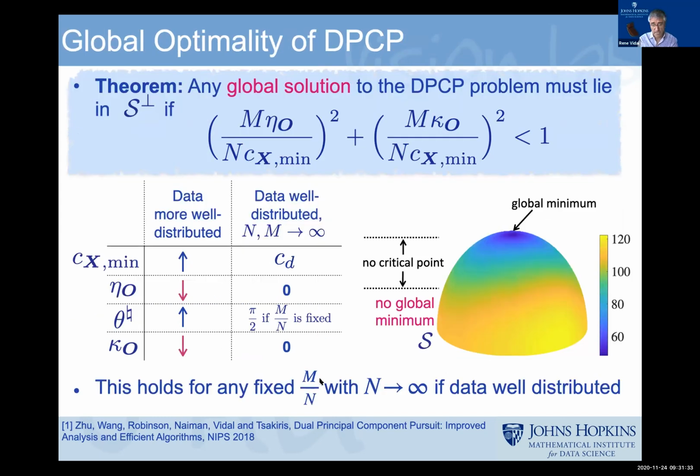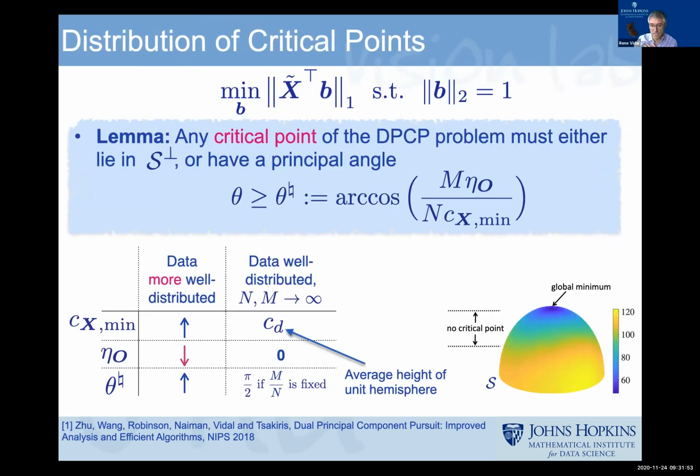The next one is really the main theorem, and this is a characterization of global optimality. Now that we know where the critical points are, how do we get rid of the critical points that are not a global minimum? The theorem is a little bit stronger than before. In the previous result, this arc cosine just requires the argument to be less than 1.